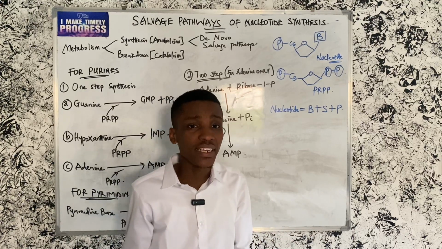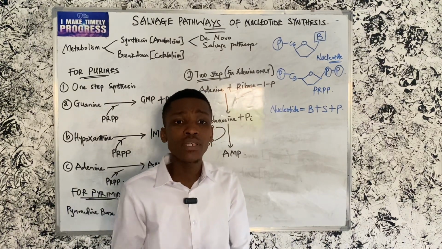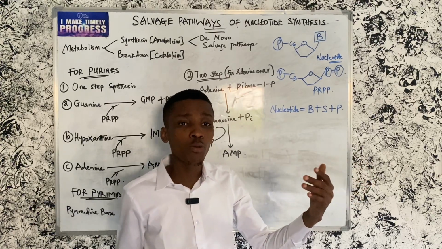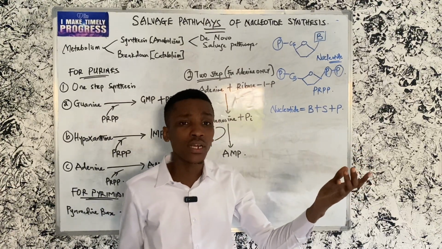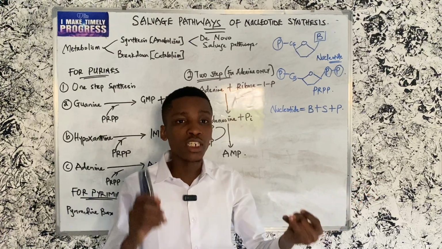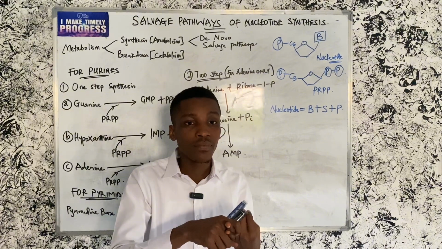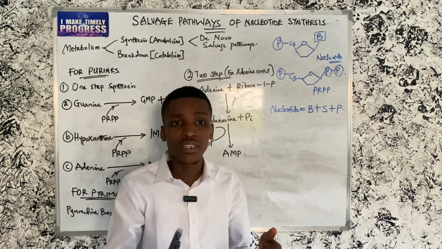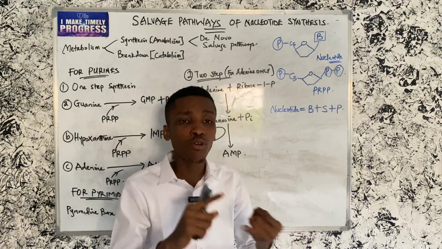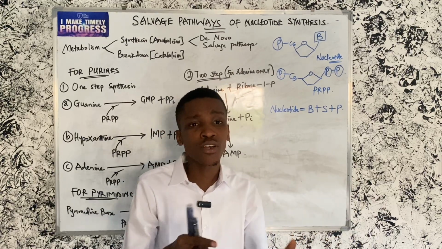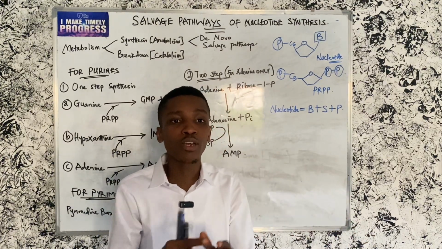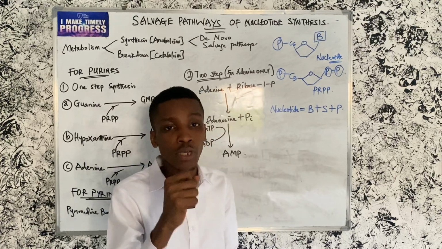I'll use a company, like some companies like Coca-Cola company who work with drinks. So at the start, what they usually did was that they will produce the bottle, they will produce the drink, and produce everything necessary. That was de novo. They had to look for materials to produce the bottle, look for materials to produce the drink, before they could now make up the Coca-Cola we know.